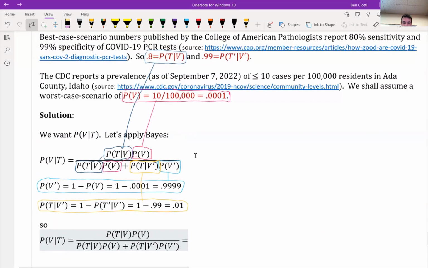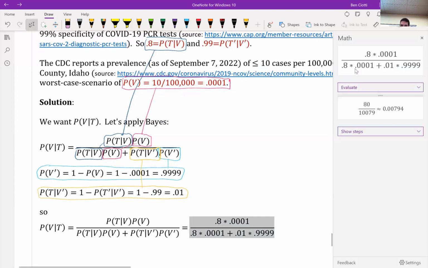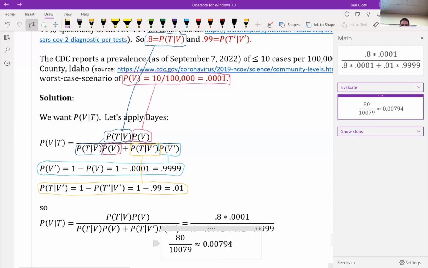It was what? 0.8 times 0.0001 over 0.8 times 0.0001 plus 0.01 times 0.9999. And this comes out to be about 0.00794. So less than 1%.